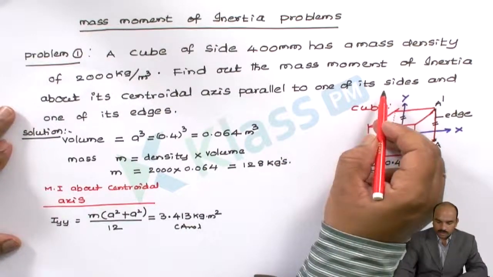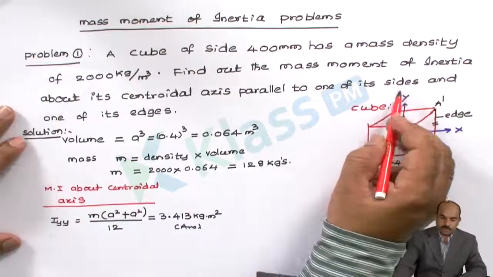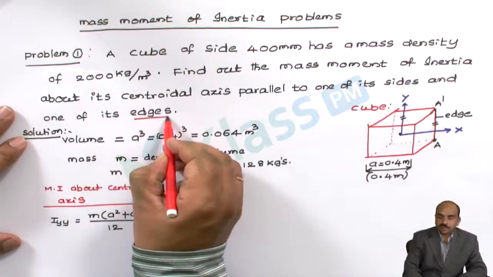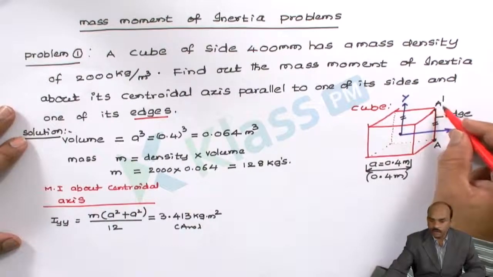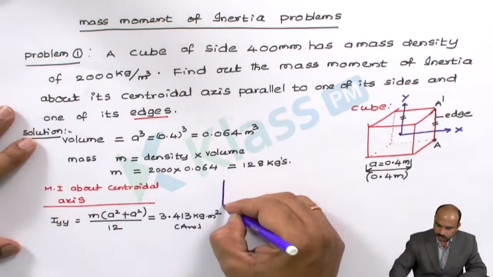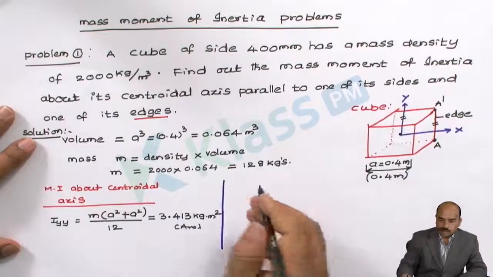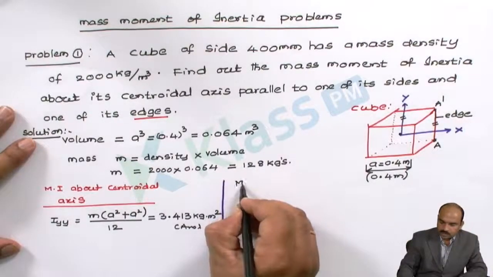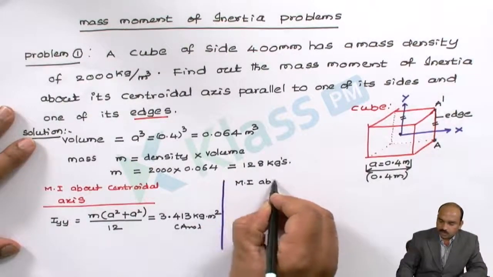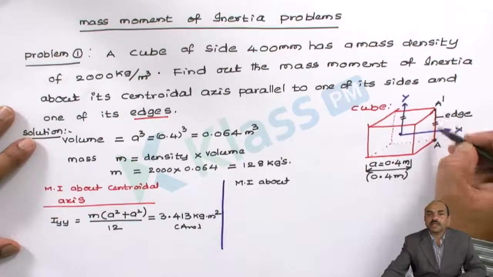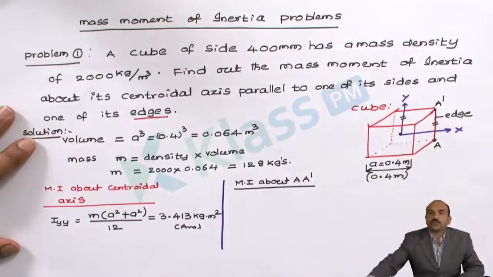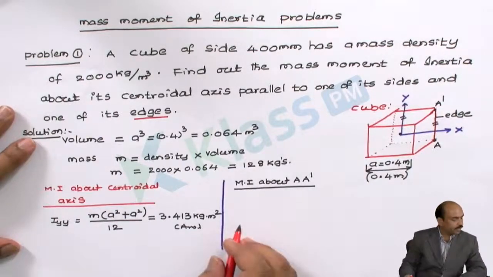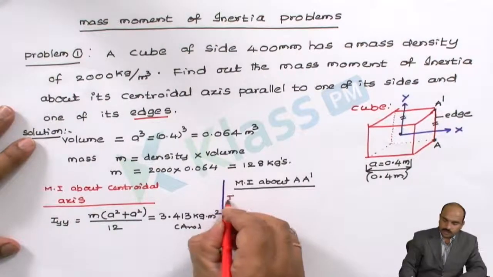Now let us calculate the moment of inertia about the edges he is asking. So let us consider the edge of the cube, that is A dash. Let us calculate the moment of inertia about the edge A dash. For the moment of inertia about its edge we have to use the parallel axis theorem.